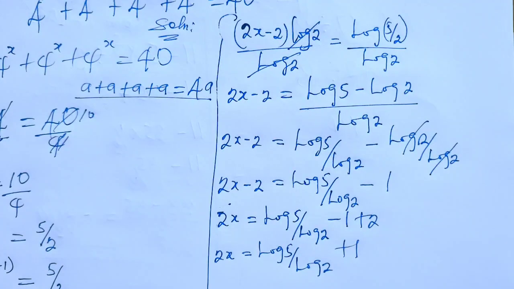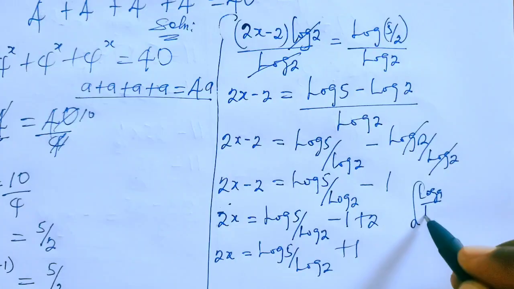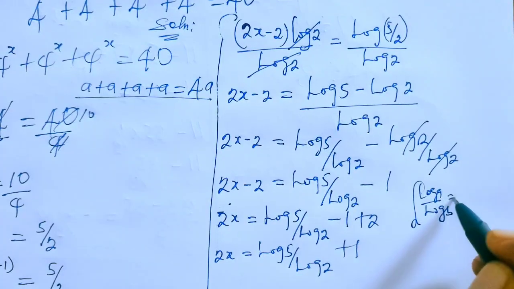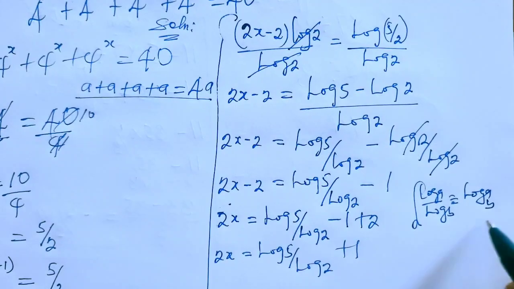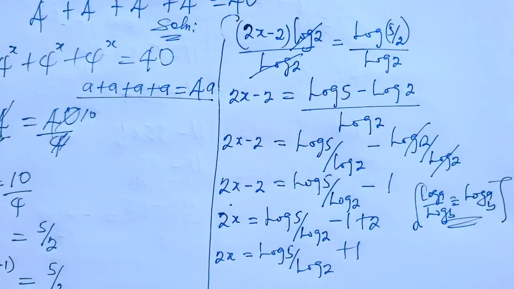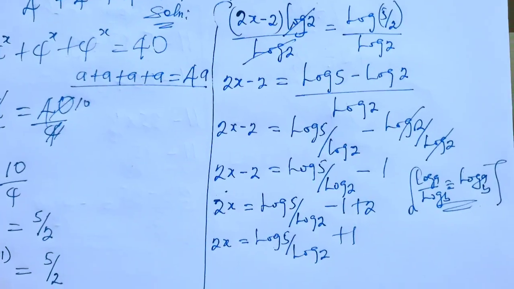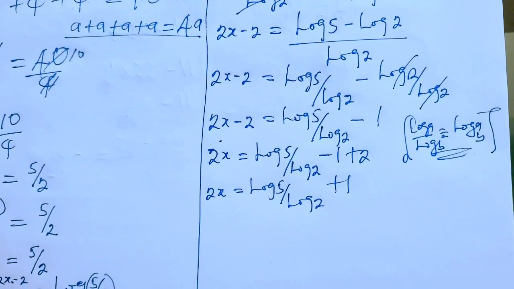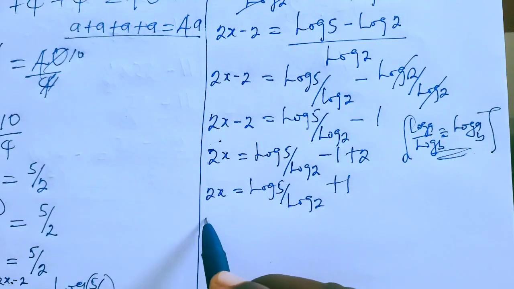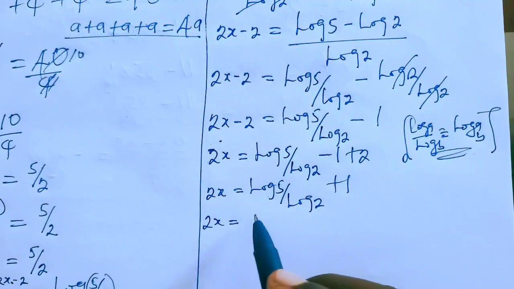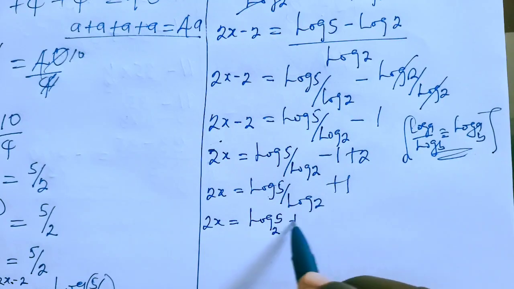Then also recall that if you have log a all over log b, that is equivalent to log a base b. Now we are going to apply this principle right here, and you're going to have 2x equals log 5 base 2 plus 1.